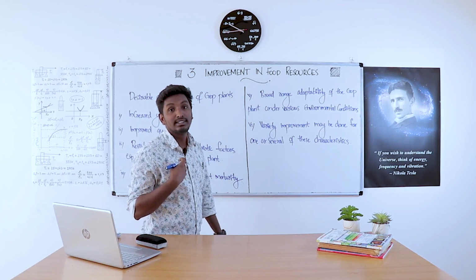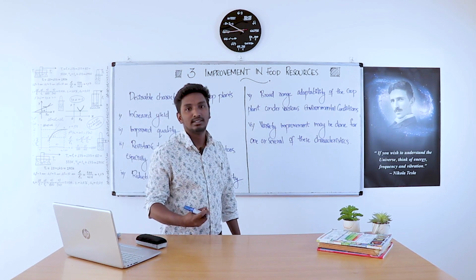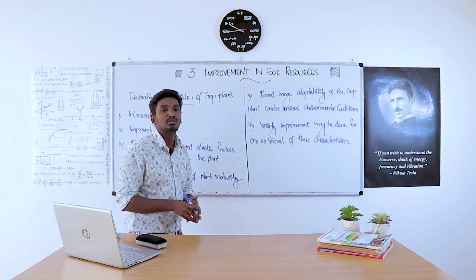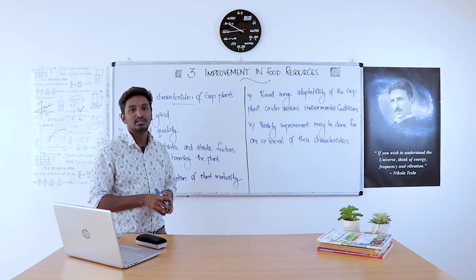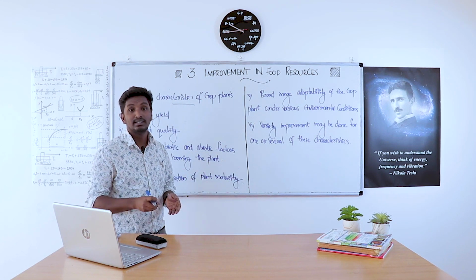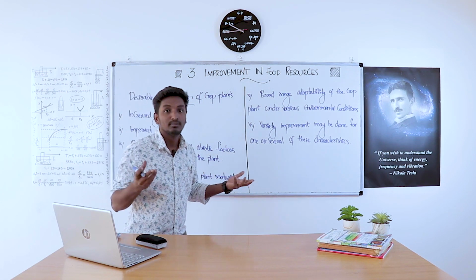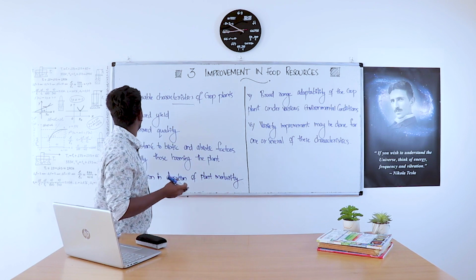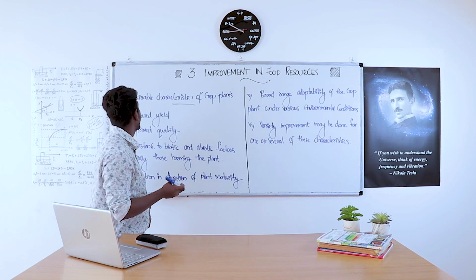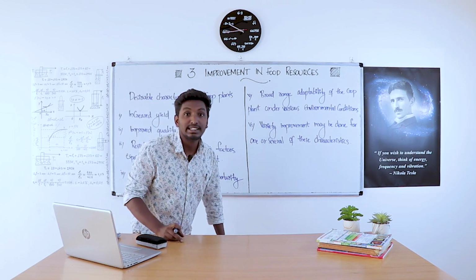We should get maximum yield. Otherwise, the crop would be of no use. If it is giving less yield, then why cultivate it? So the first desirable character is that it should give increased yield.